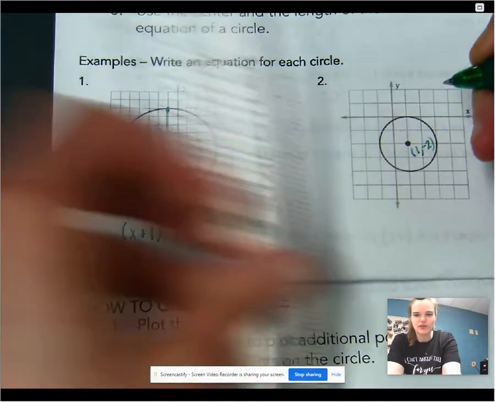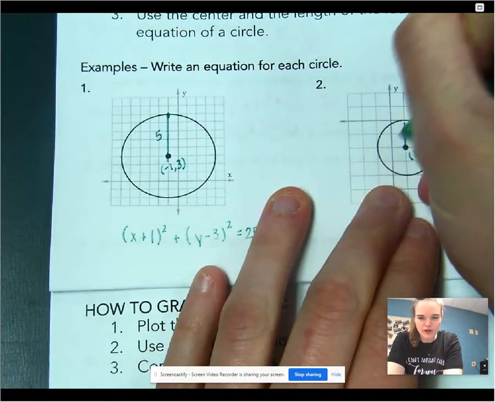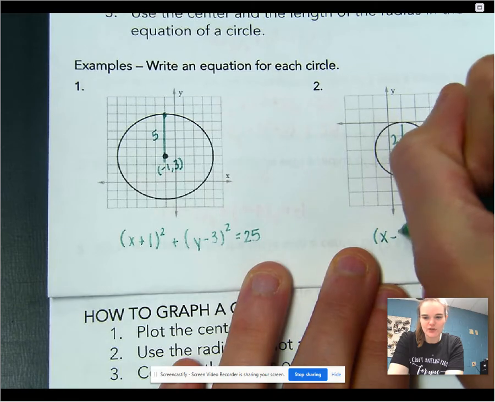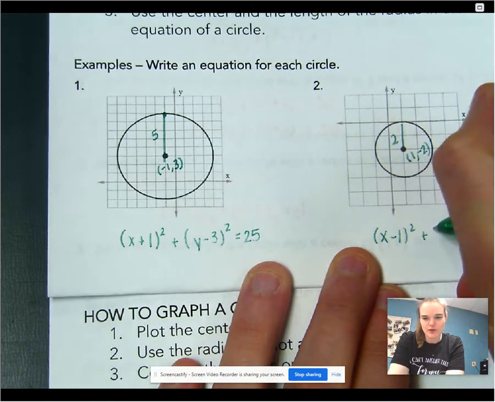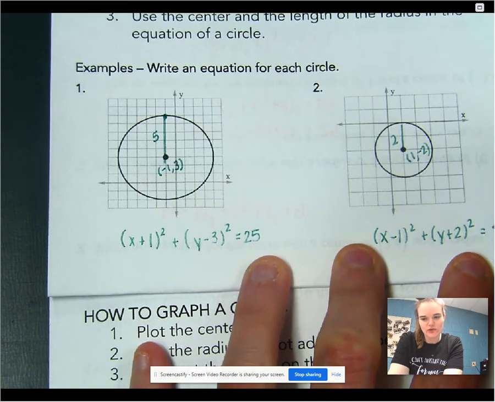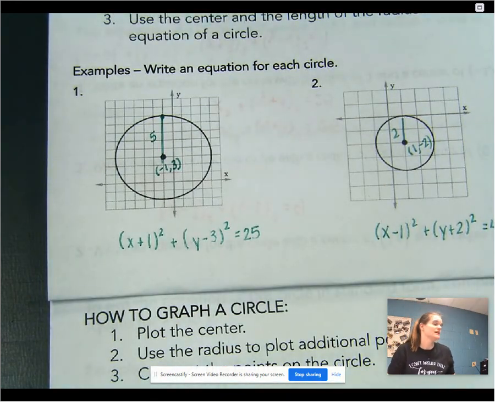Now the radius is 1, 2. So let's write our equation. X minus 1 squared plus y plus 2 squared equals 4. Okay, that is how we write an equation of a circle given a graph.